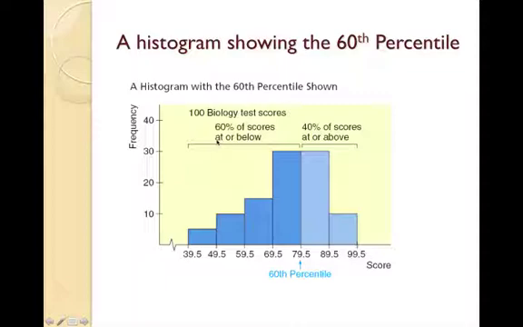And it may seem weird that the "at" is here on both of them, but that's because it's a continuous distribution, and so you would be able to have the "at" for both cases. If it's a discrete distribution, then the percentile is just the percent below. And then the 100% minus p% would be at or above.